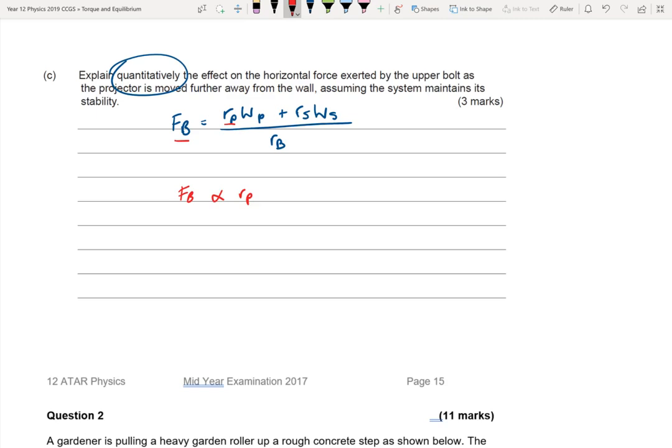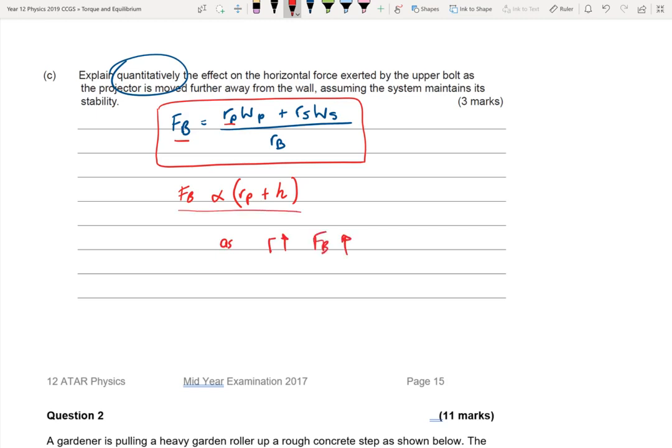Okay, so it's actually proportional to R plus some other constant. It's not directly proportional. However, to get full marks, you had to show the equation. And therefore, as R increases, force bolt increases.